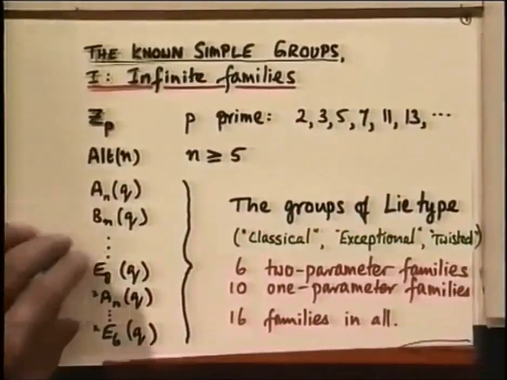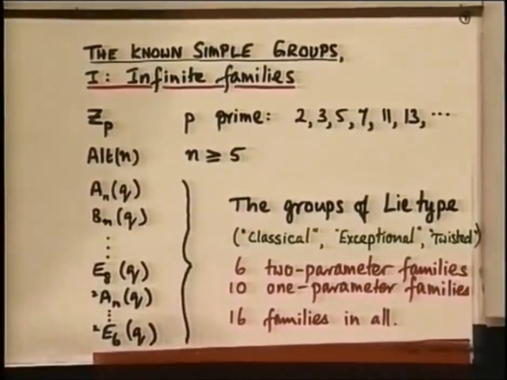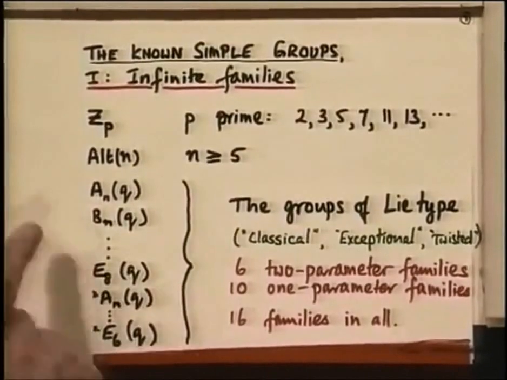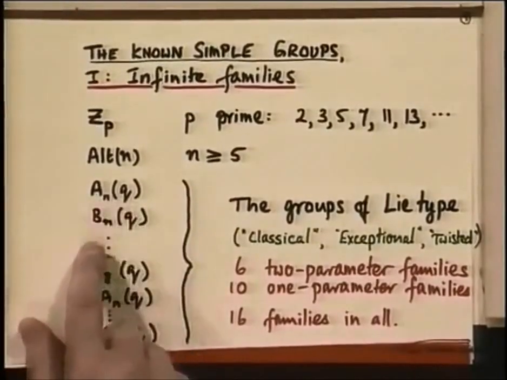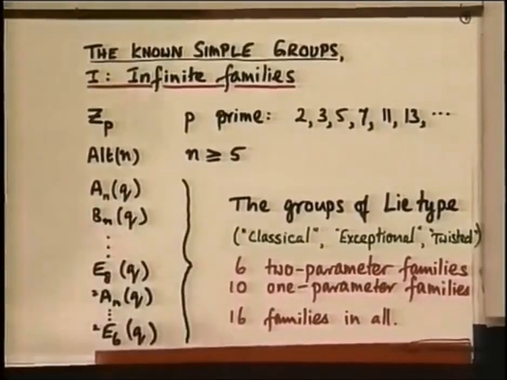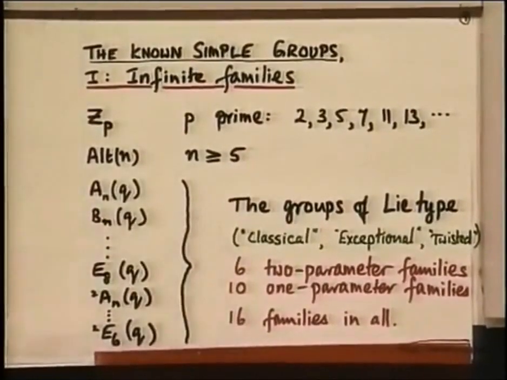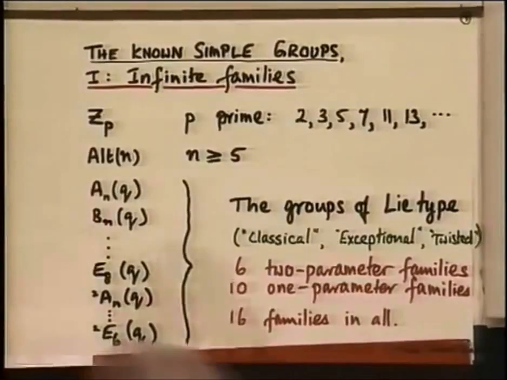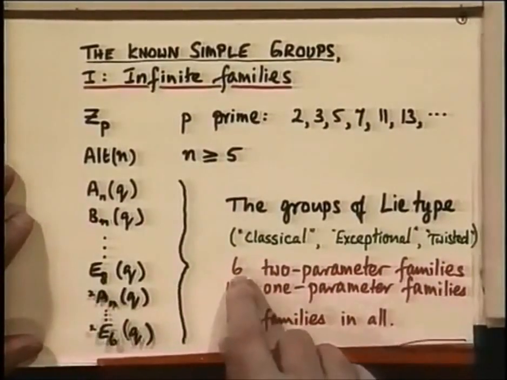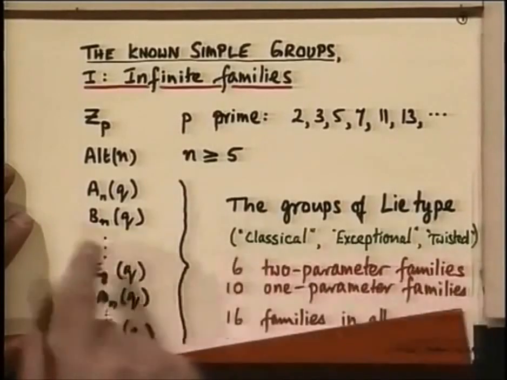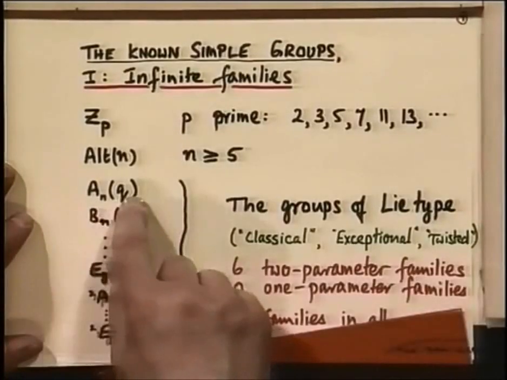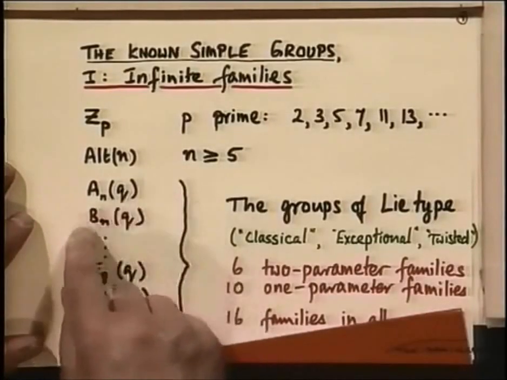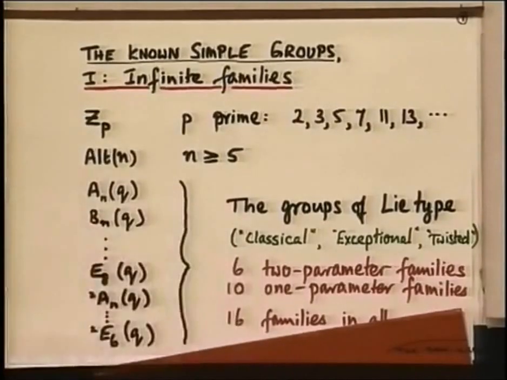Then there are a number of families which nowadays are known by names like this: A_n(q), B_n(q), C_n(q), D_n(q), E6, E7, E8, G2, and so on. There are 6 two-parameter families, A sub n of q, B sub n of q, and so on.